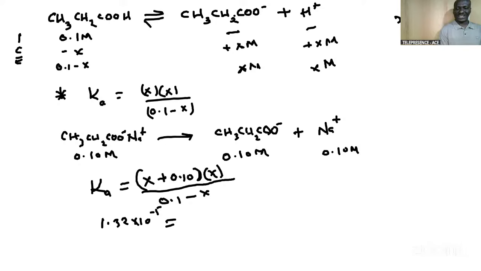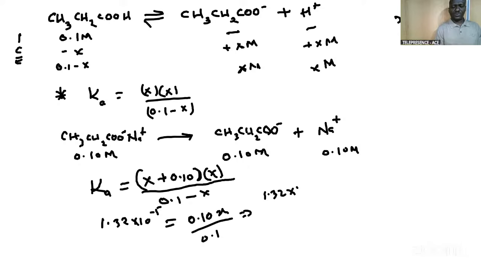So the amount of X from here will be very, very small compared to the amount of X from here. So it's a reasonable assumption that X is far, far less than 0.1. And if that is true, and of course it is, then we can write this as 0.1X over 0.1.